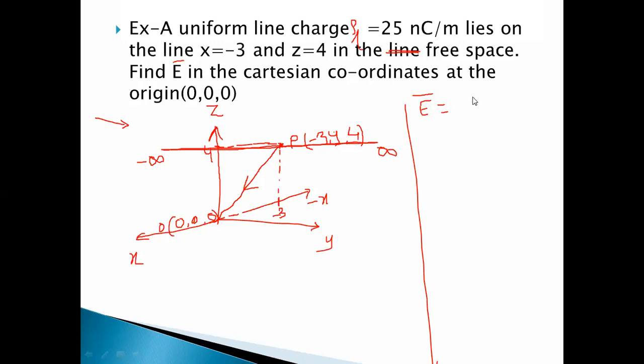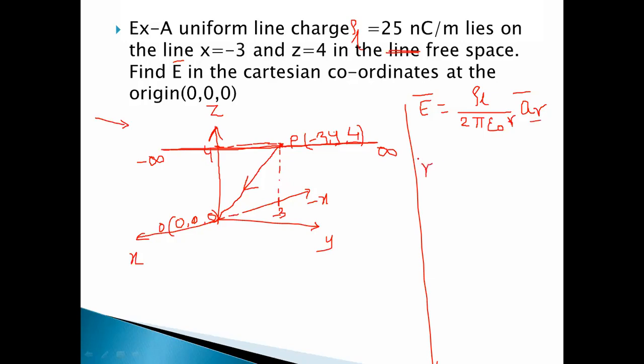E bar is equal to rho L divided by 2 pi epsilon 0 r, into unit vector a bar r. Now rho L is already given, 2 pi epsilon 0 is constant. R, we have to find first r and then a bar r.